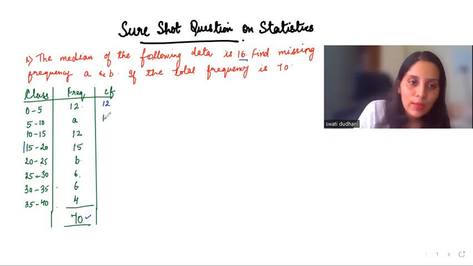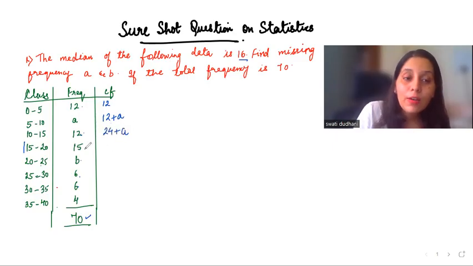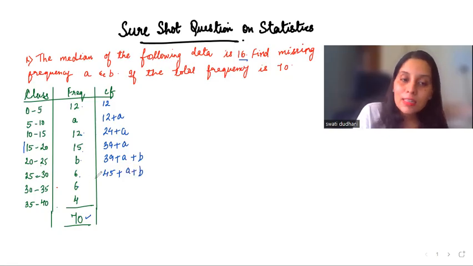So A plus 12 is 12 plus A. Now 12 plus 12 plus A is 24 plus A. 15 plus 24 plus A is 39 plus A. B plus 39 plus A is 39 plus A plus B. 6 plus that is 45 plus A plus B. Again, 6 plus that is 51 plus A plus B. And 4 plus that is 55 plus A plus B.